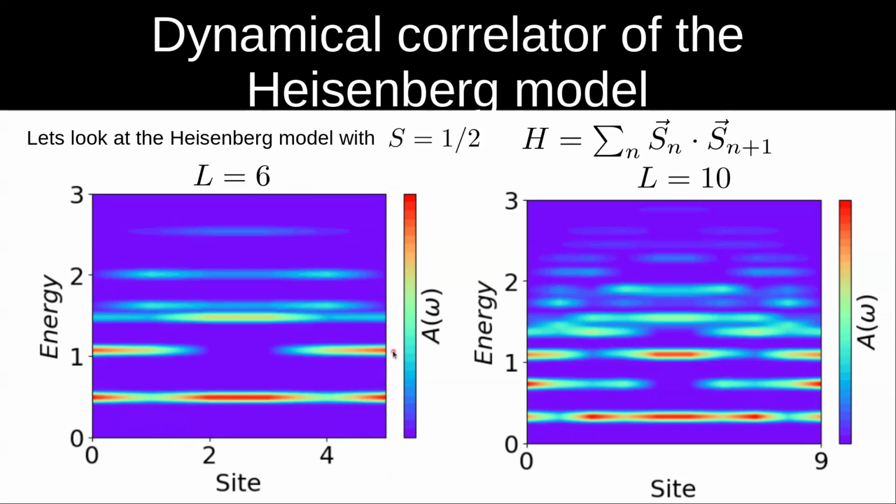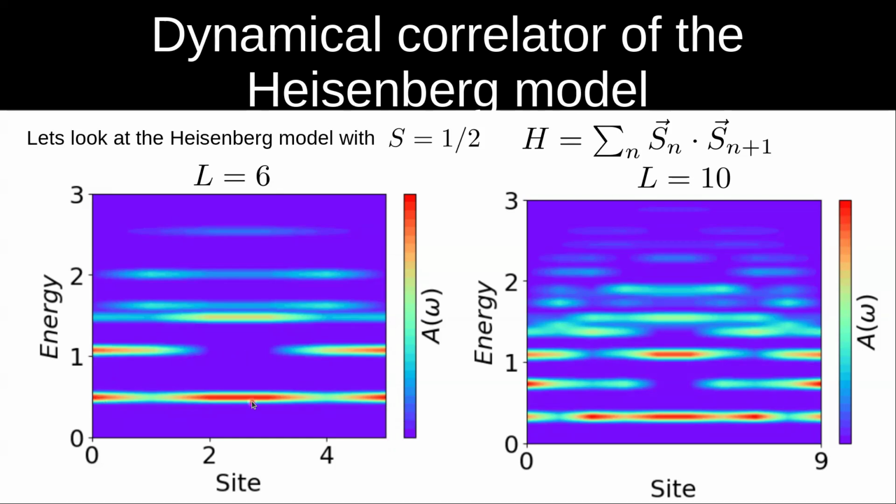Then you have a gap, then you have a different profile, then another gap, then a different profile, and so forth. What this tells you is that if you insert in this system an energy omega that is exactly this one, then you can create this spin excitation. If you inject an energy omega that is exactly this one, you can create this spin excitation, and so forth.